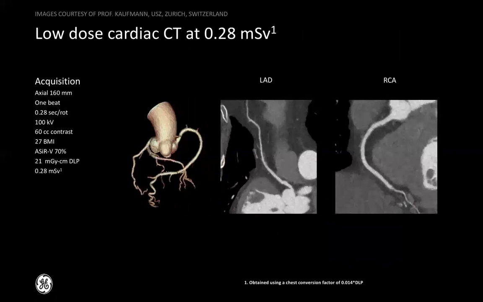For people who are quite slim, if their BMI is 27 or below, you also can get these studies done with very little radiation. You can use relatively low kV at 100, and a relatively low current or photon flux, to get signal to noise that looks like this with a radiation dose of 0.3 millisieverts.